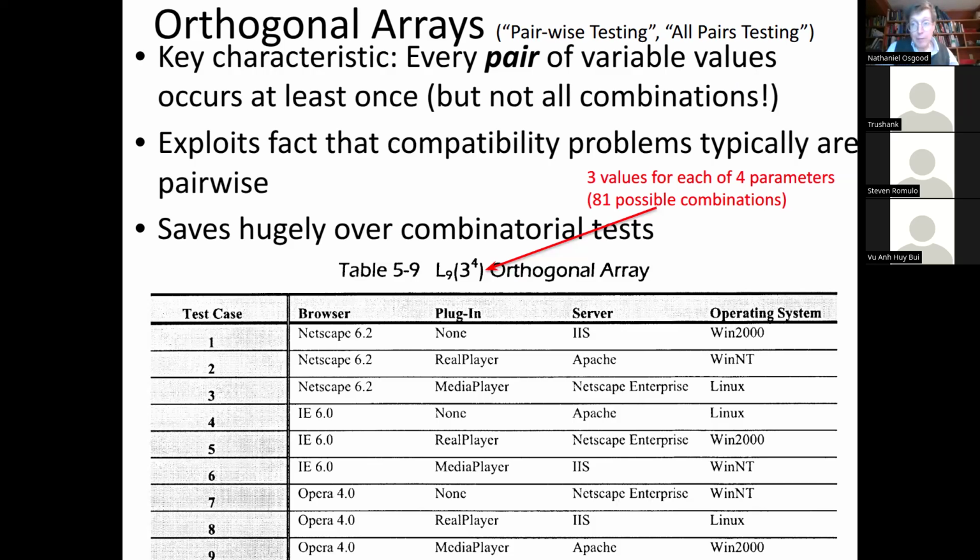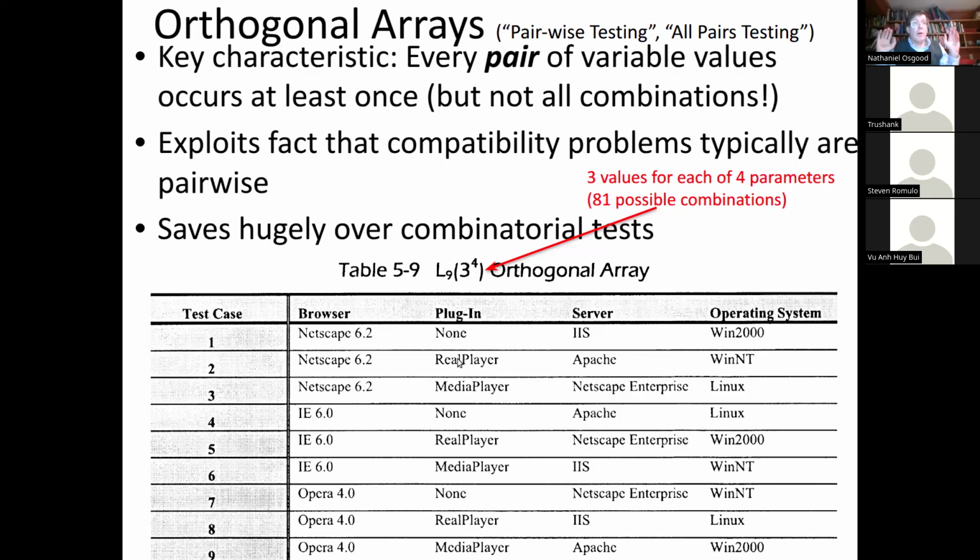That does not mean I've tested all possible combinations of these four. For example, here I've tested Netscape with Real Player and Apache and Windows NT. I've not tested Netscape with Real Player. Well, I have tested that pair. That's what's guaranteed. There's at least one pair of Netscape with Real Player.